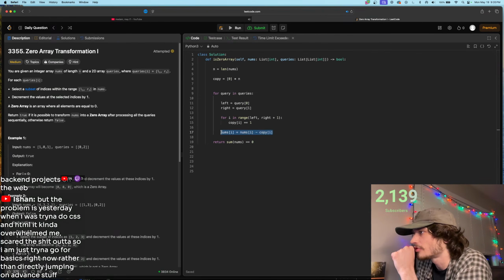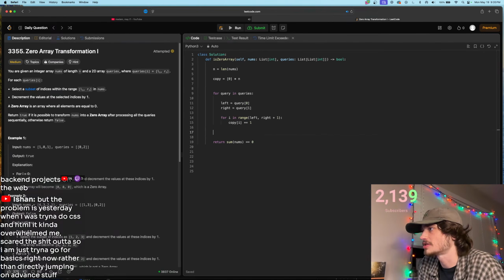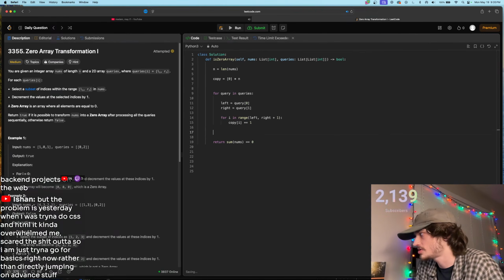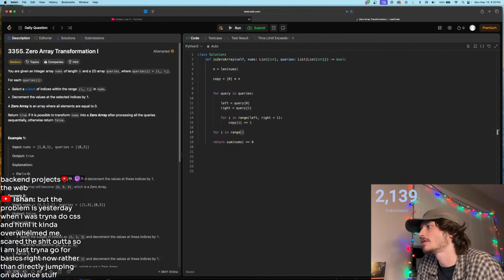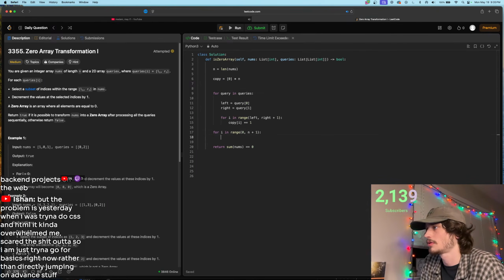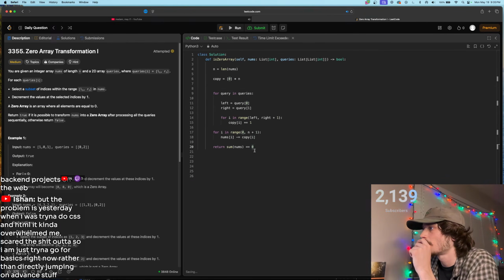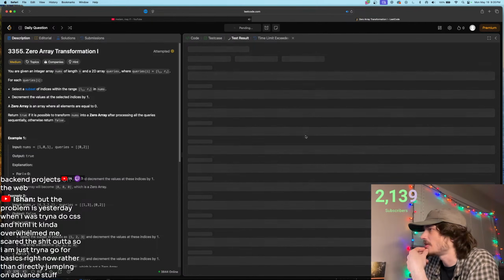This just has to come outside of the loop because we need to have it happen at once, right? So we just have to say for I in the range of 0 to n plus 1, nums index I less equals copy index I. We return that. I think that'll do it.